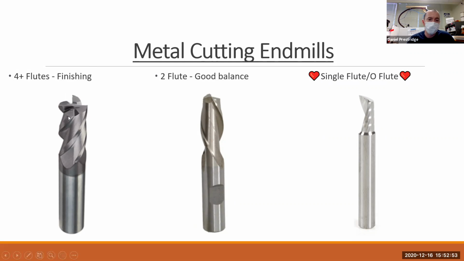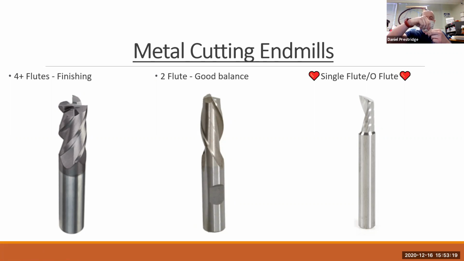And it has more flutes, so it ends up having a better surface finish in almost every direction, either axially, which would be pushing down on the material, or radially, which would be perpendicular to the cutter.